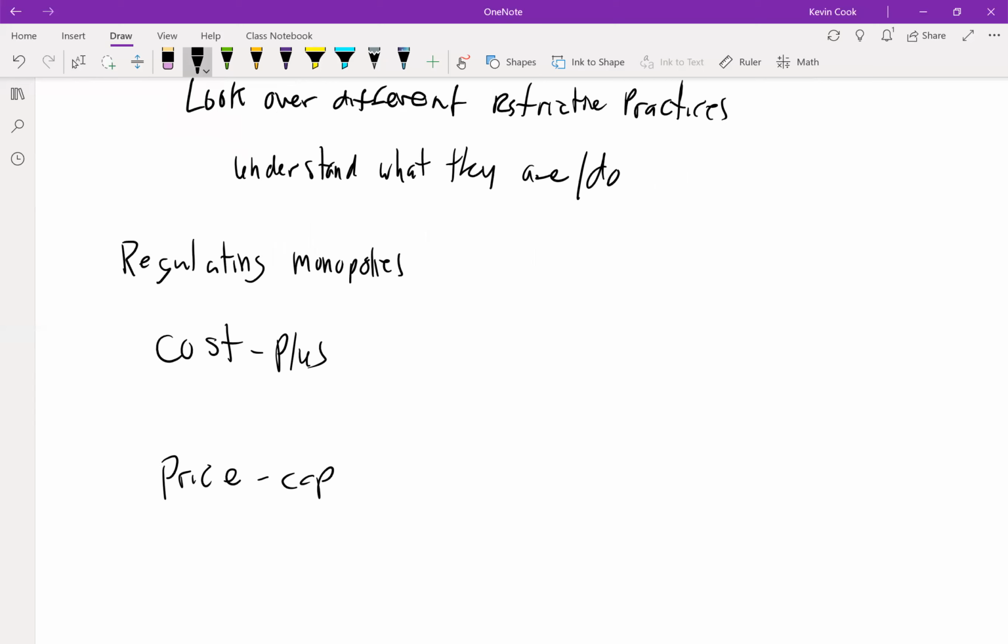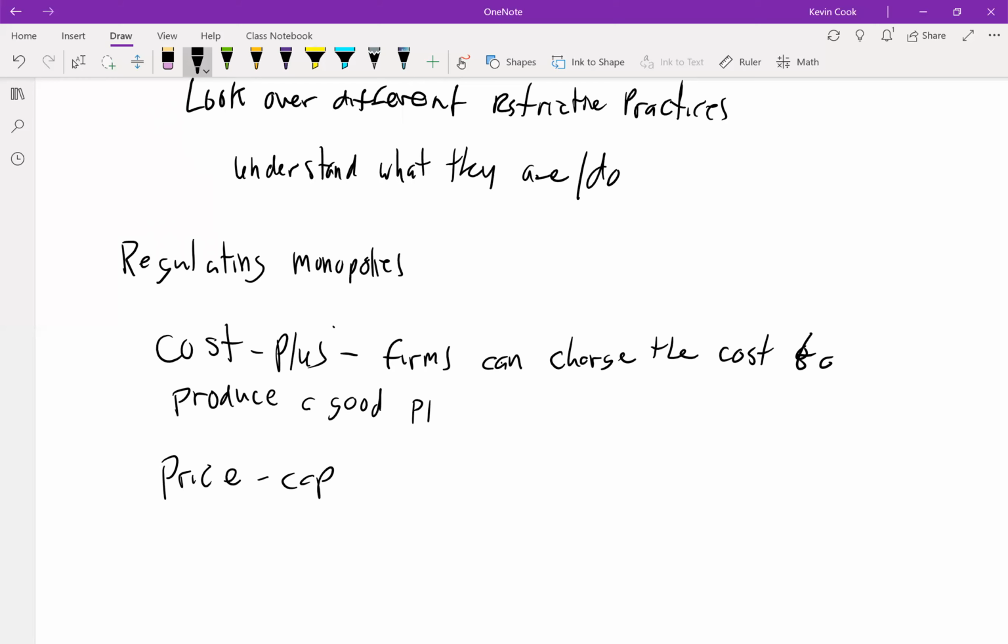And what cost plus regulation did is it said that firms, or mostly monopolists, can charge the cost to produce a good, plus a reasonable profit.